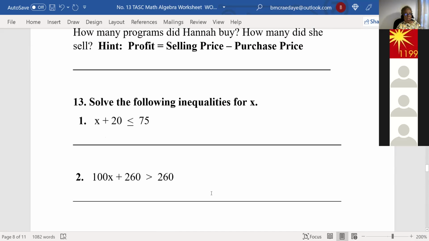Number 13, here's what you do for 13. You're going to subtract the 20 from both sides, right? Subtract 20 from both sides. And what's that going to give you?